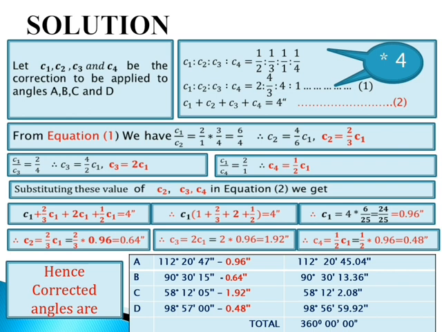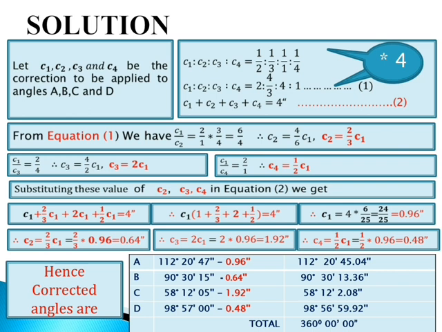So our final angle A will be 112 degree 20 minute 45.04 second. If we talk about angle B, 90 degree 30 minute 15 second minus 0.64 second. So our final angle will be 90 degree 30 minute 13.36 second. If we talk about C, 58 degree 12 minute 5 second minus 1.92 seconds. So our final angle will be 58 degree 12 minute 2.08 second.